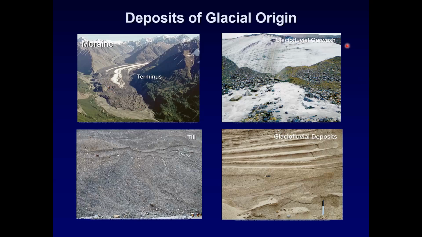You can have glaciofluvial outwash, like a little stream coming off a glacier carrying a lot of debris, and it's quite angular because it's near the source. The mountain is the sediment source. You can have till as well, which is like a diamicton, sediment of different sizes. And then in a glacial stream or even in a glacial lake, you can have glaciofluvial deposits like sand and a little bit of gravel.